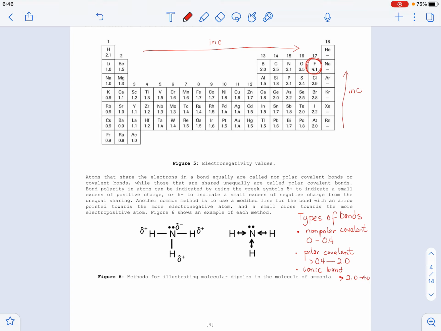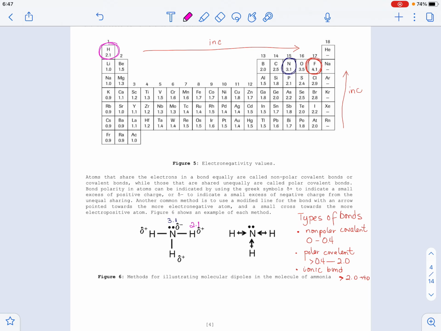When I look at the electronegativity value for nitrogen, it has an electronegativity value of 3.1. Then I have hydrogen, which has an electronegativity value of 2.1.